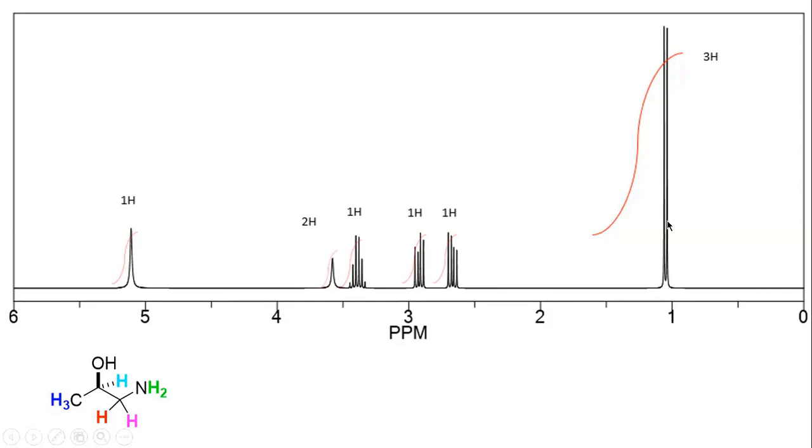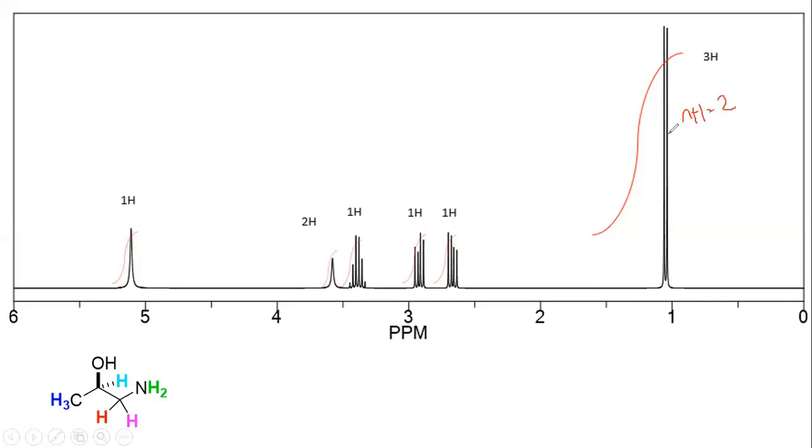And now let's look at the splitting pattern. What is this signal split into? Is it a singlet? Is it a doublet? Is it a triplet? Is it a quartet? It's a doublet, right? And so that means it matches the n+1 rule. That's what we use to determine that, right? So n+1 is 2. What does that mean?